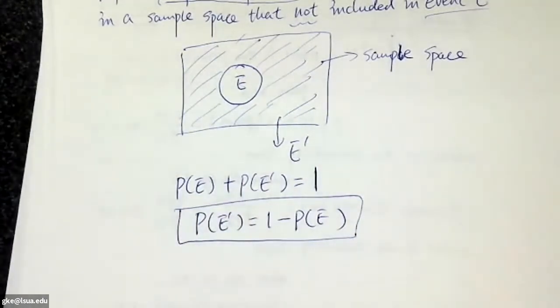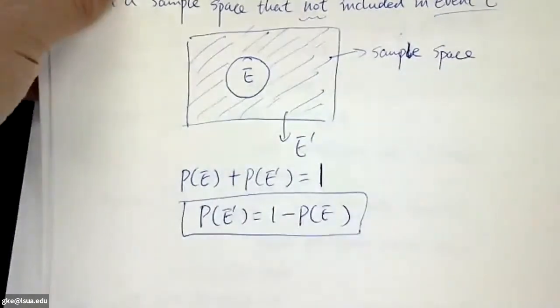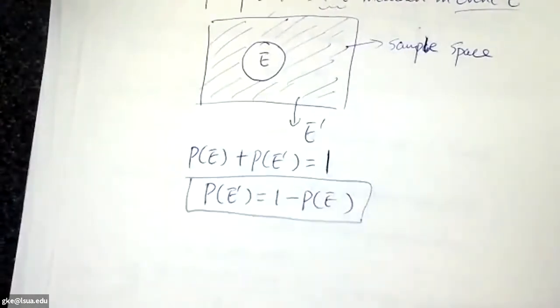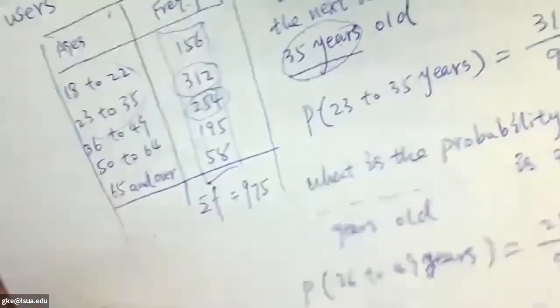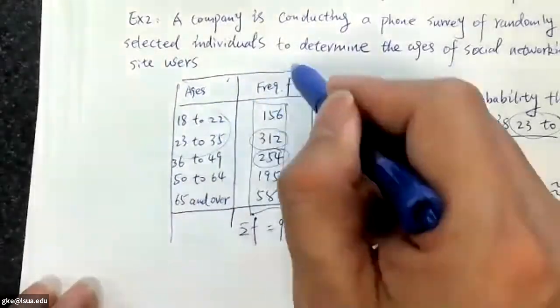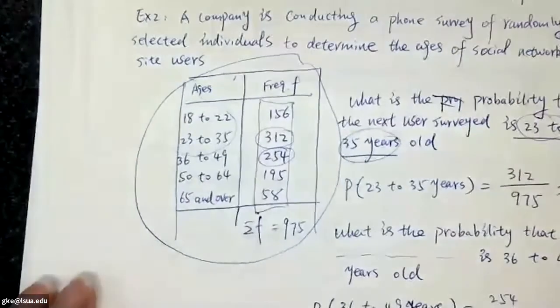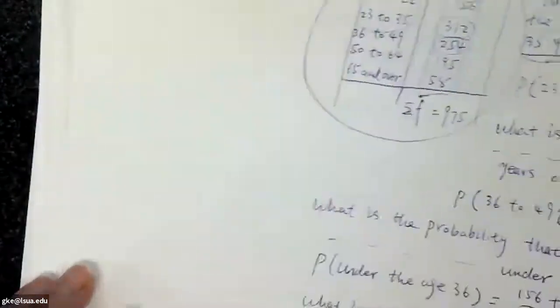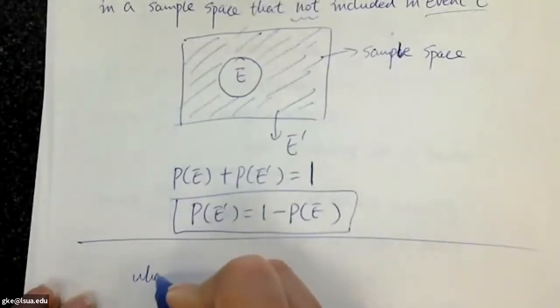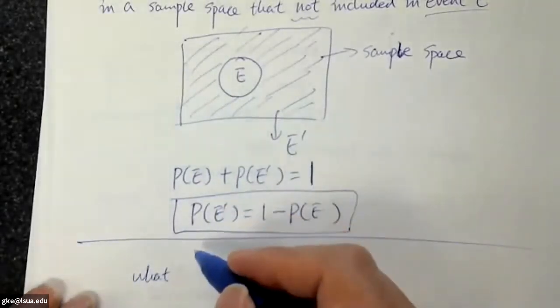We're going to still use the example we learned, and we're going to still use this table. I'd like to write down another page. Use this table.